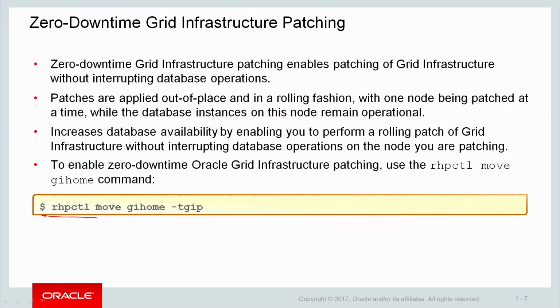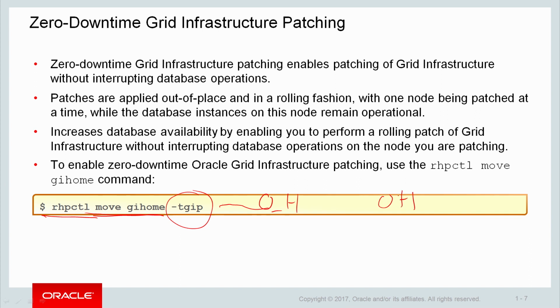To enable the zero downtime grid infrastructure patching, you use the RHP-CTL move gihome, or grid infrastructure home, command. You need this flag to say you want to do it with zero downtime. Now that's not the complete command. The rest of the command will say what your current Oracle home or grid home is, and where the new Oracle home is that you are going to swap over to.